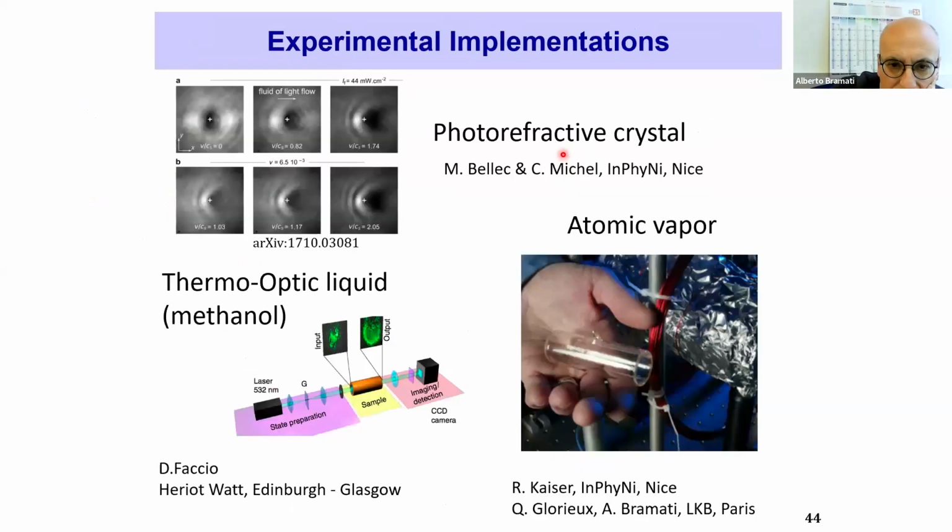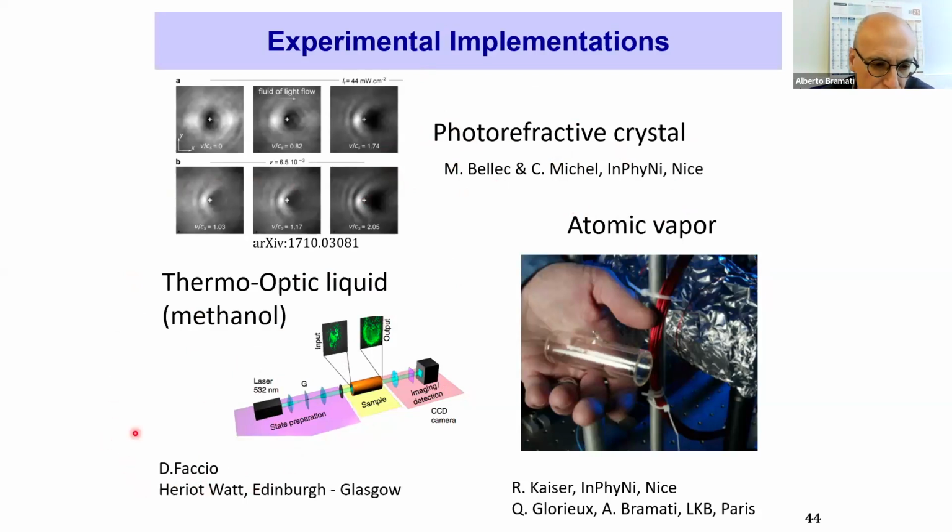There are different experimental platforms in order to implement this fluid of light in propagating geometry. There are, for example, photorefractive crystals. Very nice experiments are done in the group of Mathieu Bellec and Jean-Michel Nice, or thermo-optic liquid, in particular methanol, but could be different kinds of liquid.